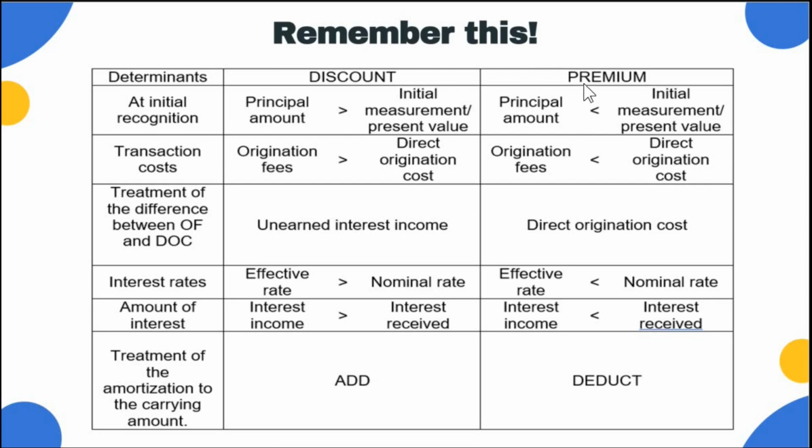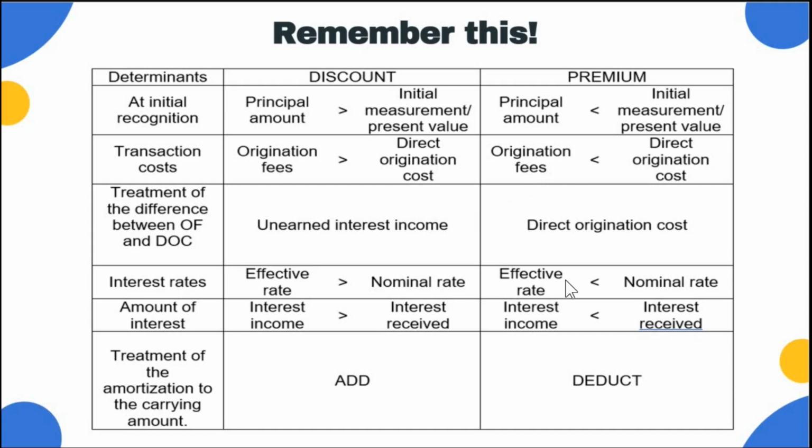If there is a premium, this is when the principal amount is less than your initial measurement or present value. This happens if the origination fees is less than the direct origination cost. So mas marami yung gastos compared sa nakolekta from the borrower na service charges. So kung ganito yung setup, what you have to recognize is a direct origination cost.